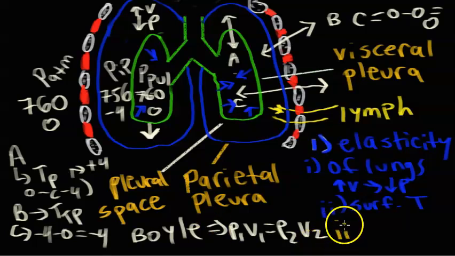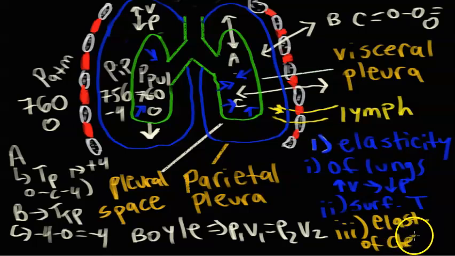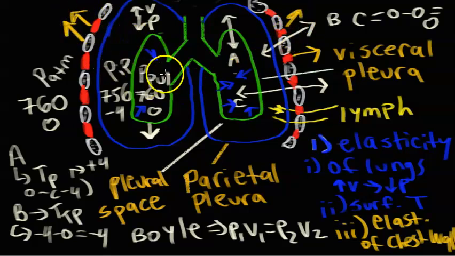So this is the elasticity of the chest wall. Okay? And this allows the chest wall to expand in this direction, outwards. And because of that, again, you're moving the parietal pleura this time away from the visceral pleura. And that's again going to increase the volume and decrease the pressure.